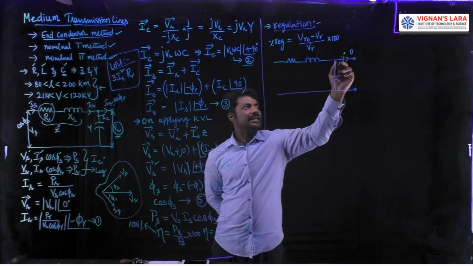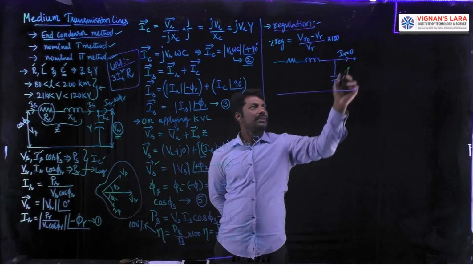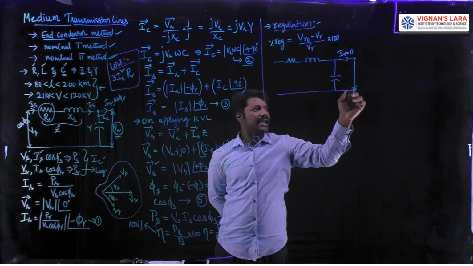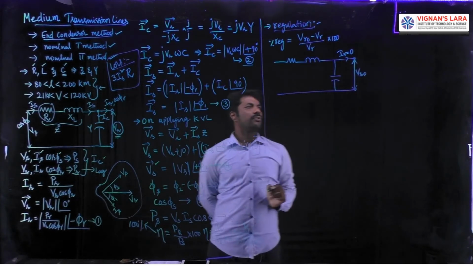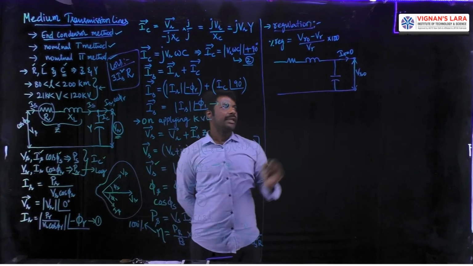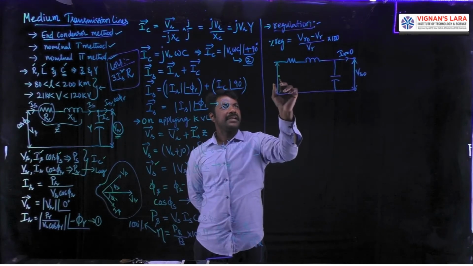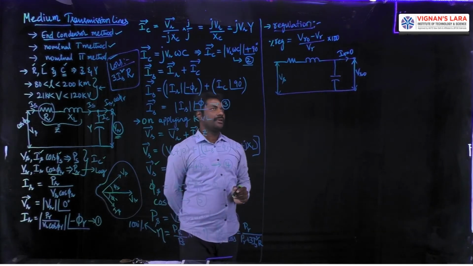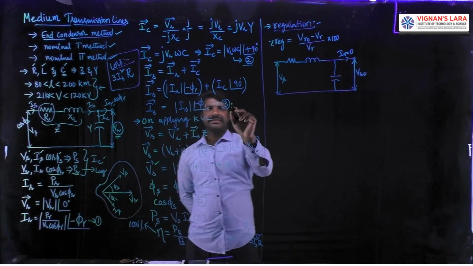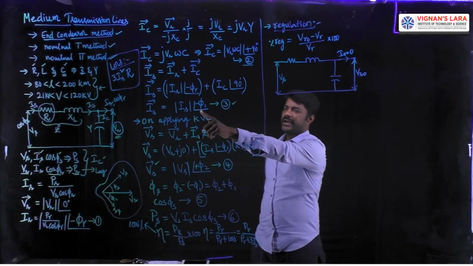If the receiving end current IR is 0, then the voltage I have to indicate here is VR naught, the no load receiving end voltage. And the line is estimated to inject a voltage of Vs. What is the calculated Is in equation 3? If you check, Is is at an angle of minus phi 1.